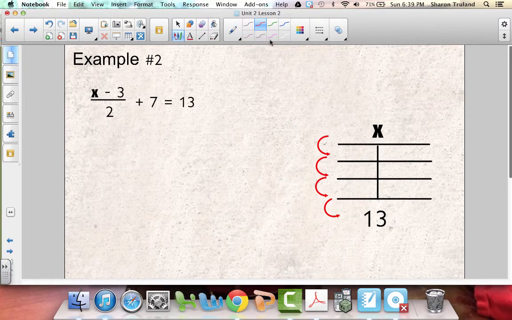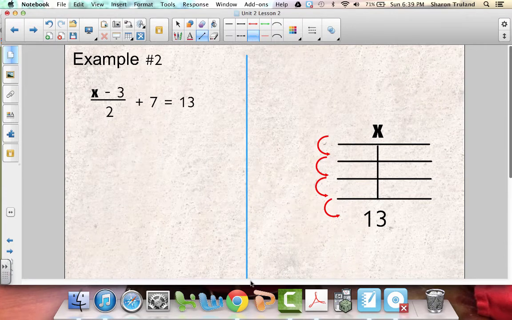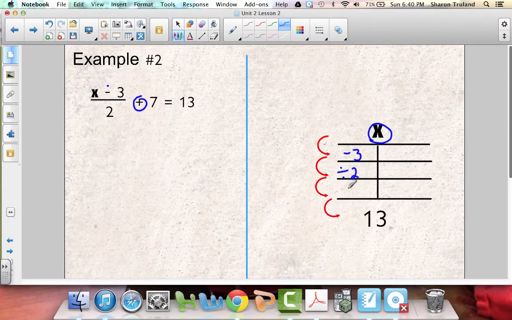All right, so this time, let's do the chart first, and then see if we can make our traditional algebra solving, as we would call it, work. All right, so over here in the chart, we start with x. So what's the first thing that happened to x here? It was -3. And then it was divided by 2. And then we added 7 onto it, and that got us to 13.